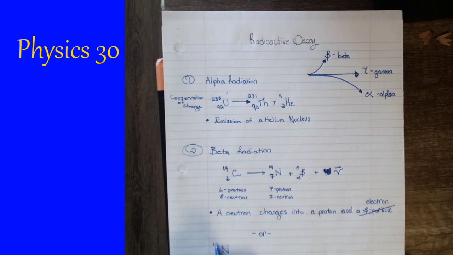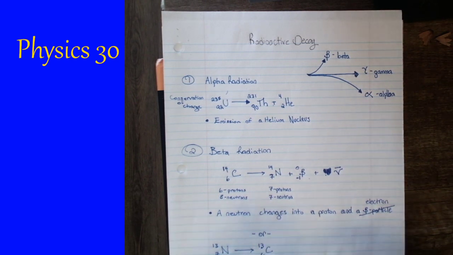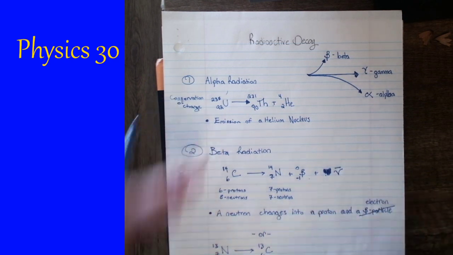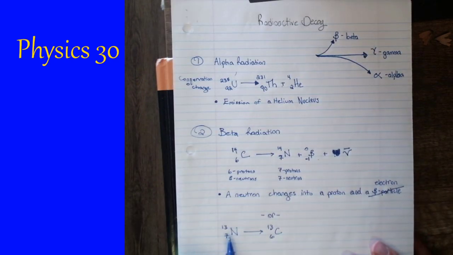Say you have nitrogen 13 and 7. This is going to change into carbon 6 and 13. Okay, this almost seems like the reverse operation here. So here you had 7 protons, now you have 6 protons.